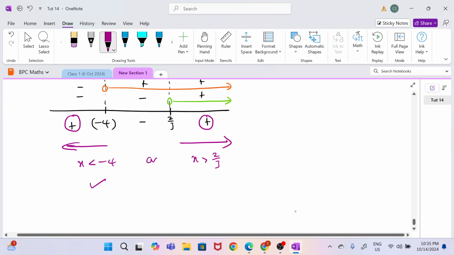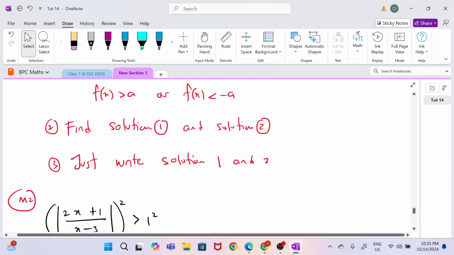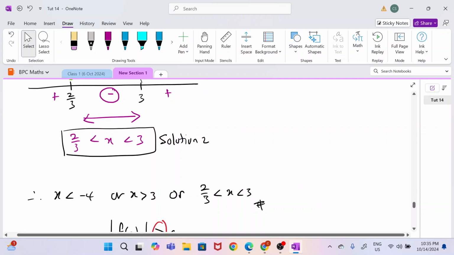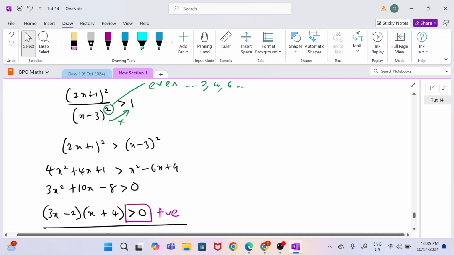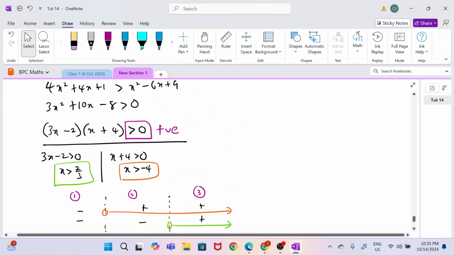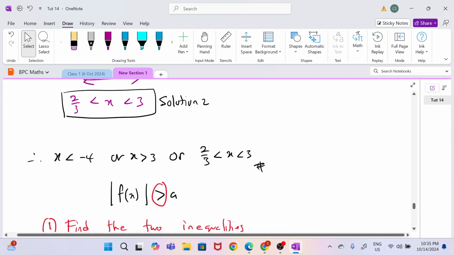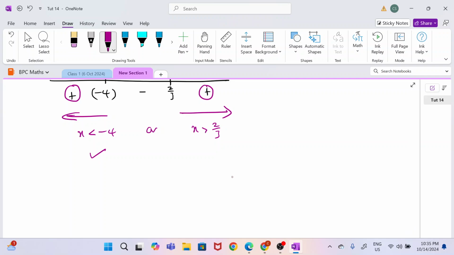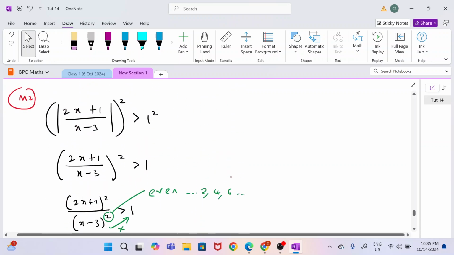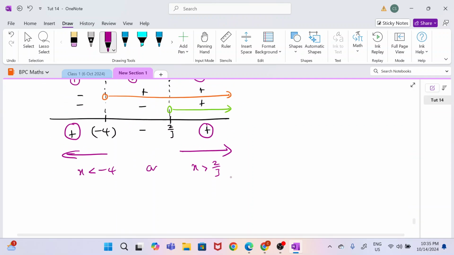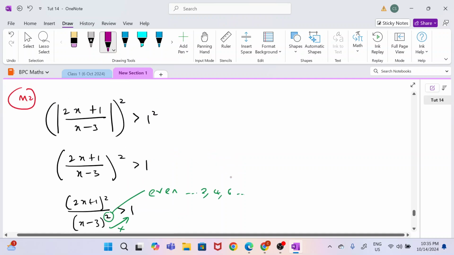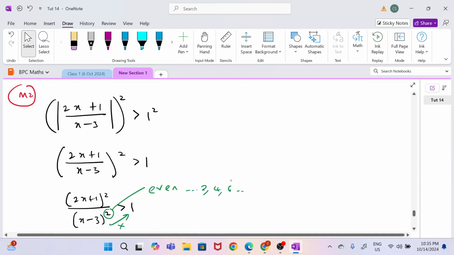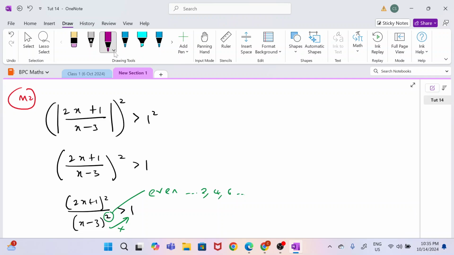The x less than -4 answer we have here also. With the first method, x less than -4, no problem. But what happened here? One is x greater than 3, another one is x between 2/3 and 3. So what happened is, as I told you earlier in the original question, look at the denominator.